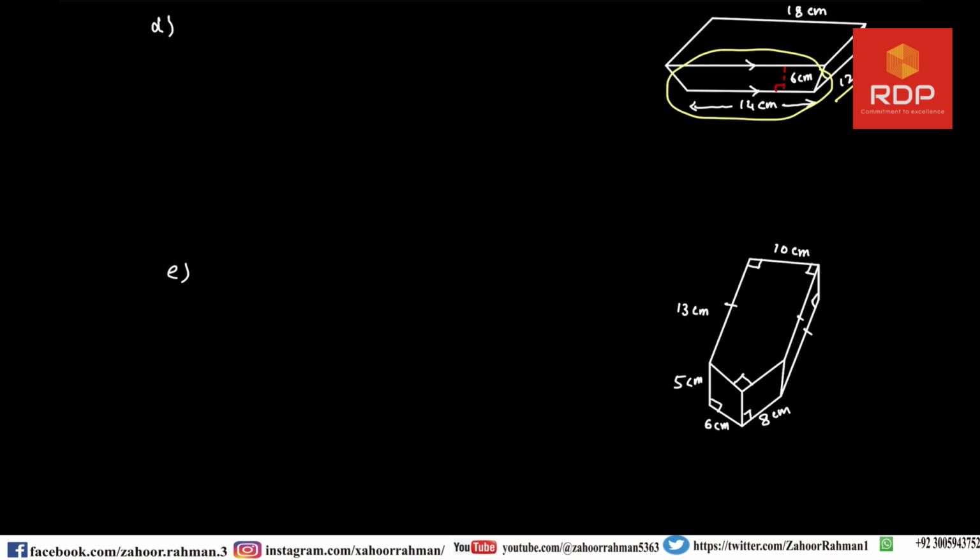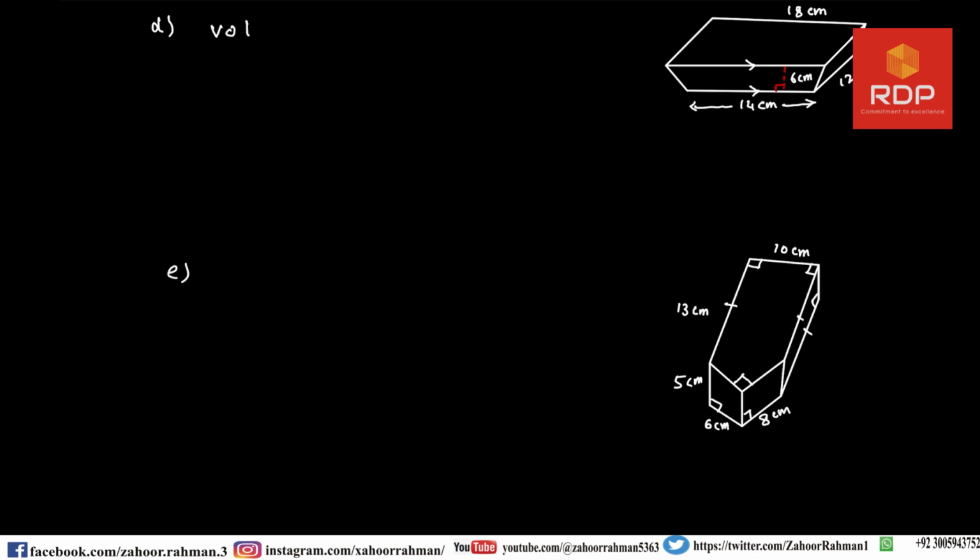And if you are considering this rectangle as the base area, then you will have this to be the height. So that is why the question is saying first determine what the base area is, and then you have to write the height.